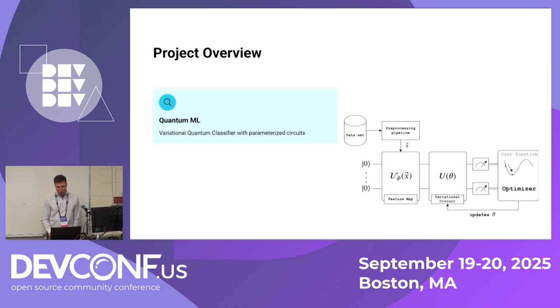Now, how would you go about doing this? I talked about having that table of one-hot encoding, or whatever other data that you have. It needs to be converted to a state that a qubit can represent. And this is a more in-depth visualization of that process. You'll get the raw data from whatever data set you're using. You will then pre-process it, and we'll get to more details of how you do that.